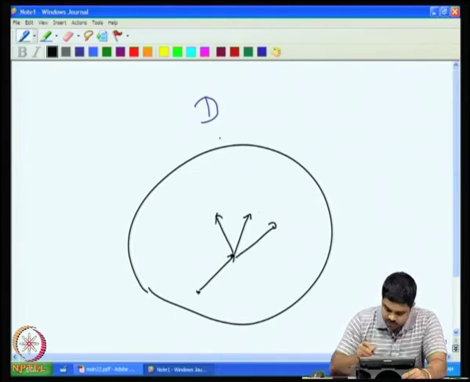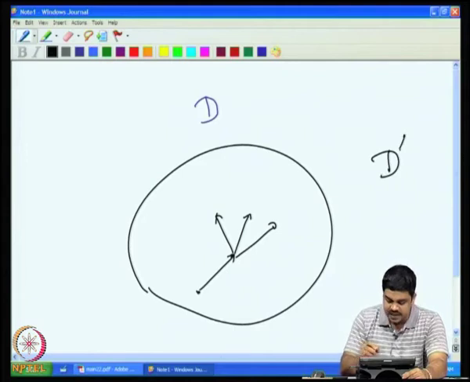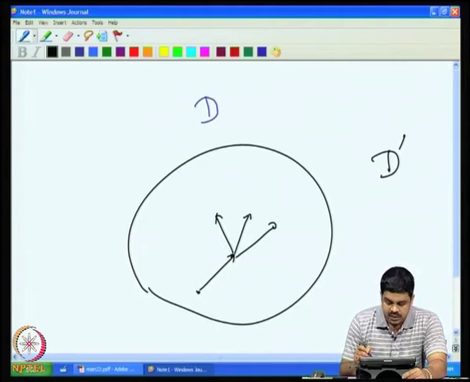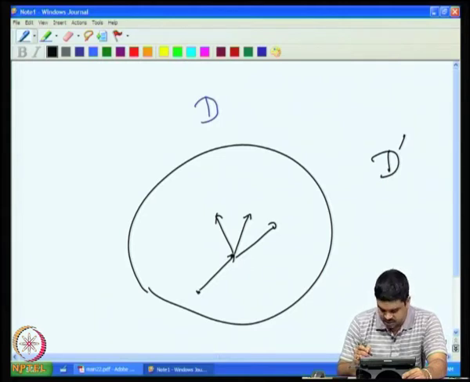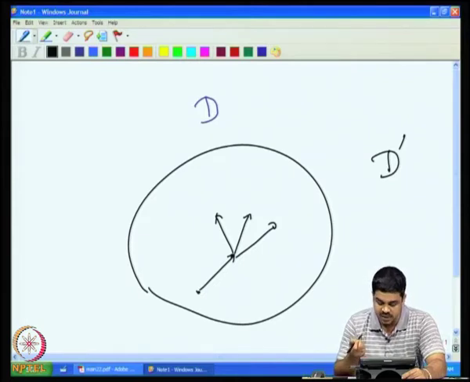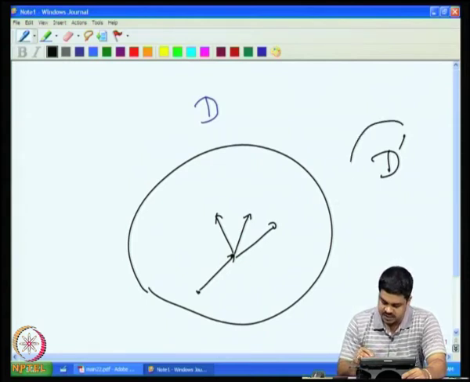So, we are picking up a subgraph D dash of D with the following property: there are no directed cycles in D dash, and also this is a maximal structure with respect to that property. That means we keep taking as many edges from D as possible, as long as we do not introduce a directed cycle in D dash. This is a maximal acyclic subgraph of D, that is D dash.